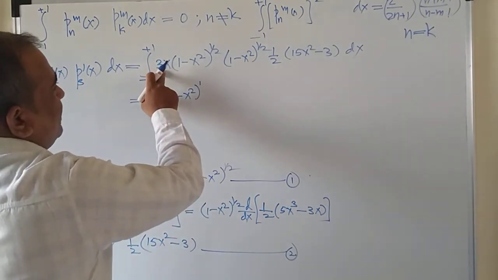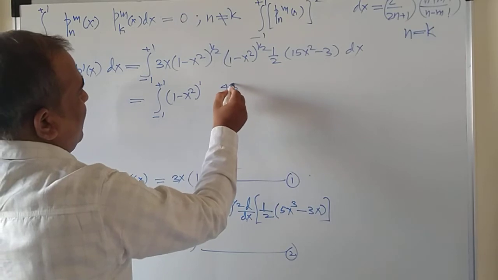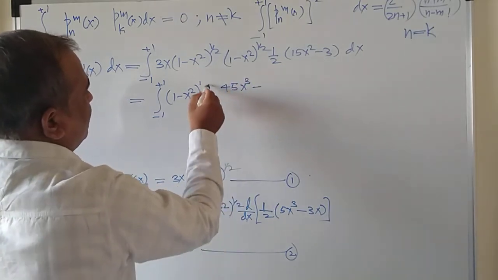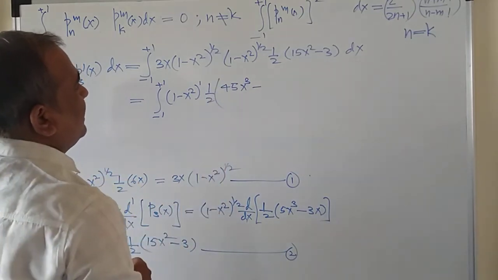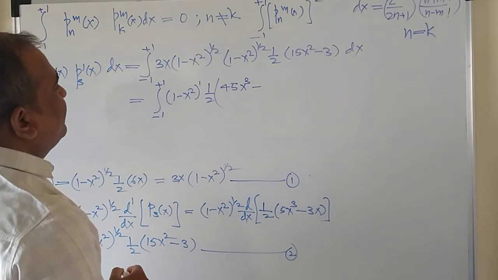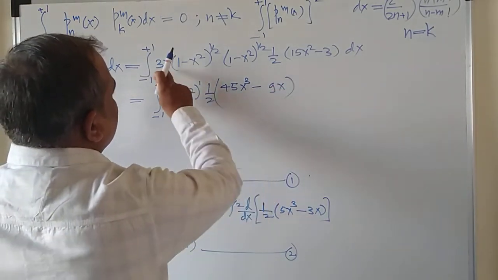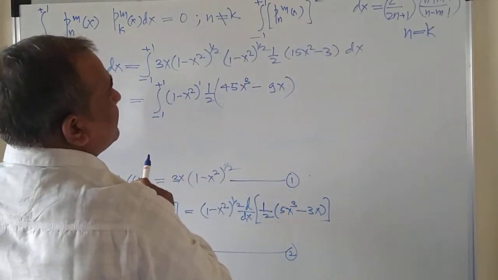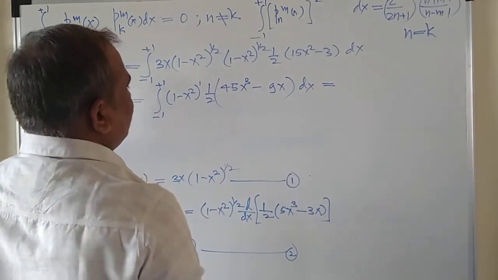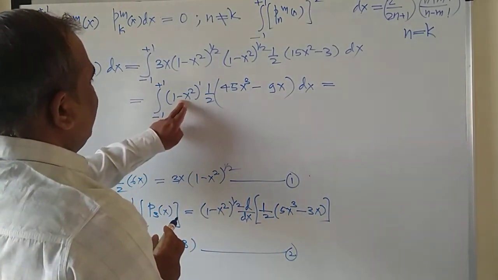So 3 15s are 45, so 45 x cube minus, and I will write half here as it is, 45 x cube minus 9x, 3 3s are 9 into x. Is this okay? Right.